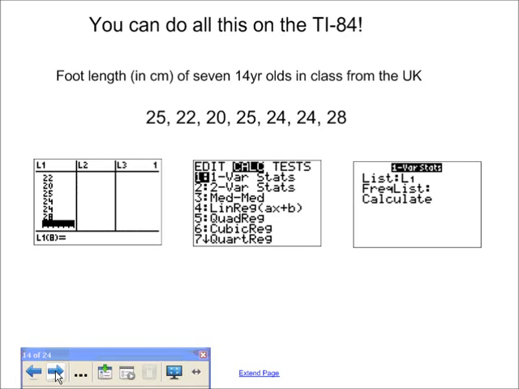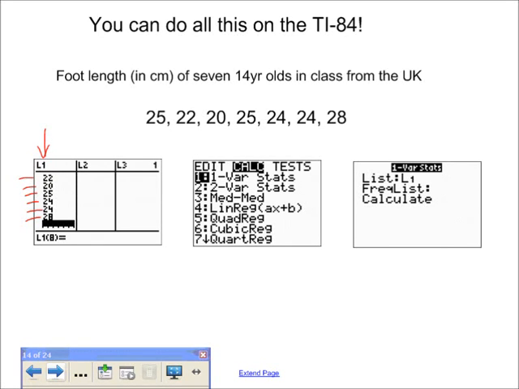Now, the good news is you can do all of this on your calculator. We will go to our old friend, the list, and put all of the data points into L1. So you would put the 22, the 20, the 25, the 24, the 28, sorry, you have to put 24 twice, and 28 into L1.